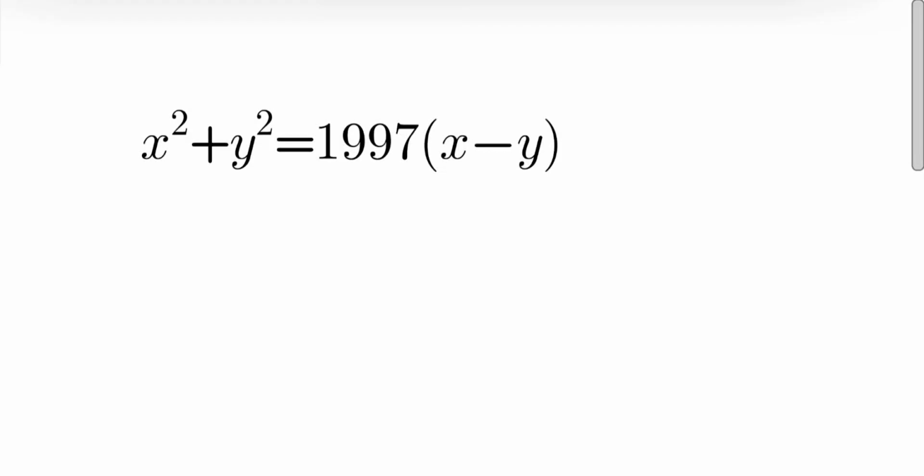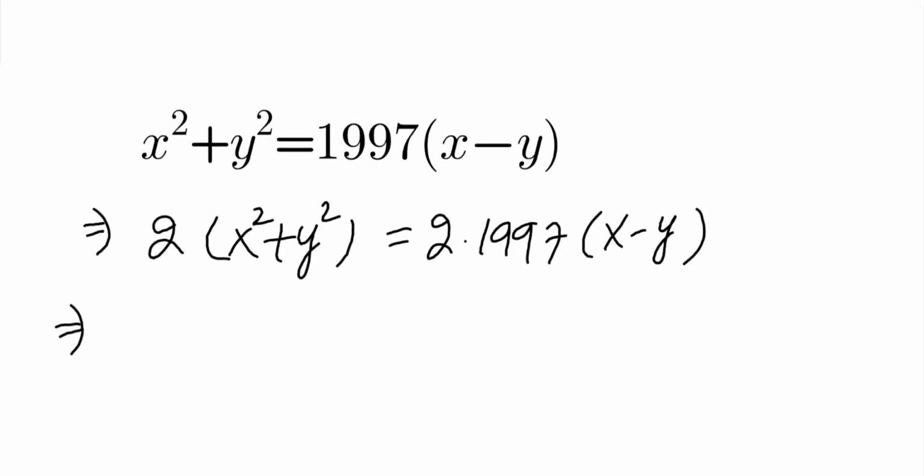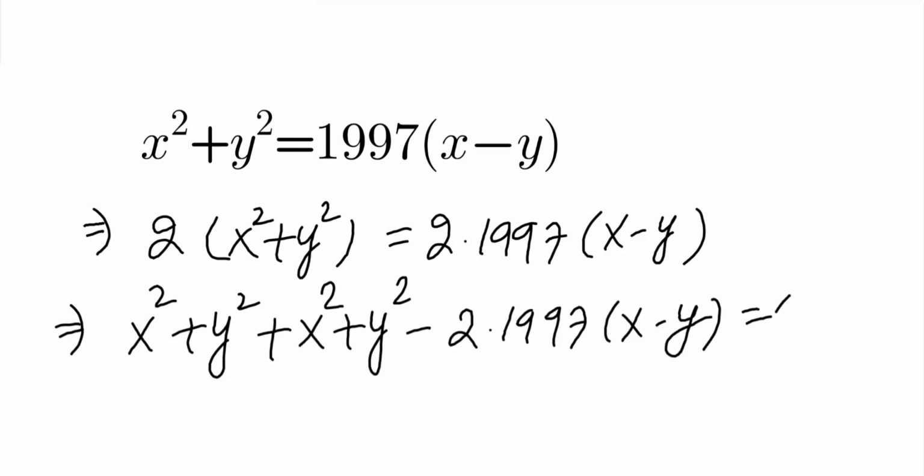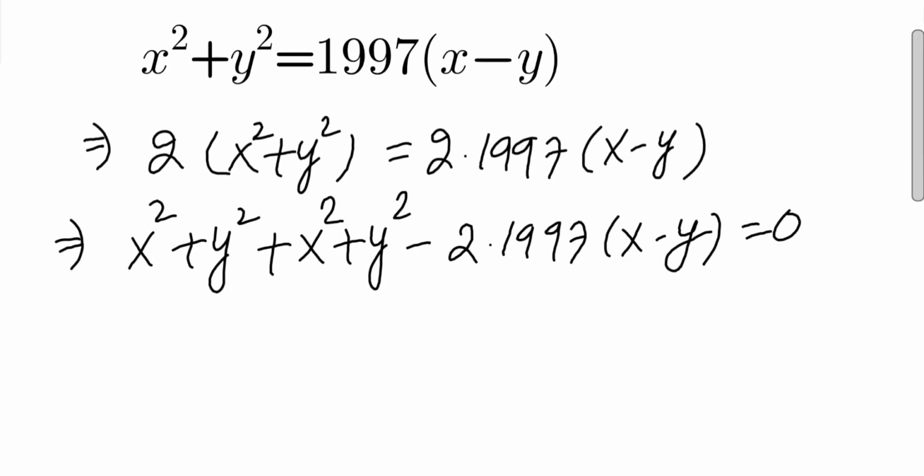So what we are going to do here, first of all, let's multiply to both sides. Let's try to factorize it. So it becomes this, and then let's try to complete the square by adding plus 2xy and minus 2xy.